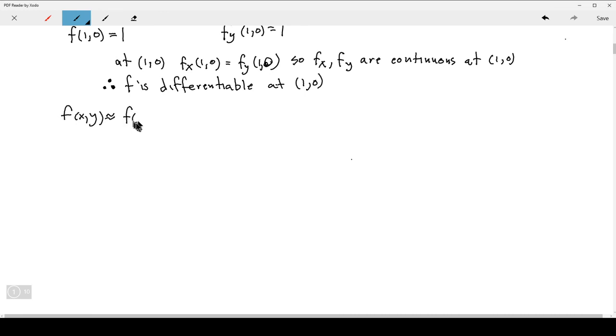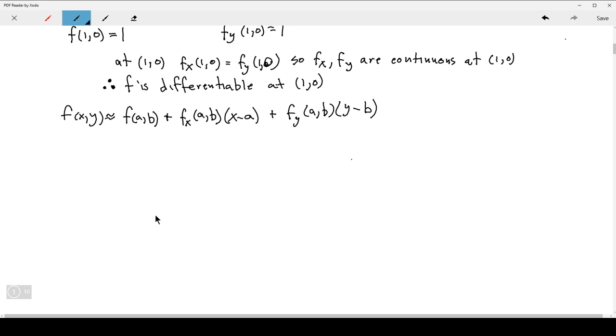So it's going to be f of ab, I'm going to write it out in general first, plus fx of ab times x minus a plus fy of ab times y minus b. All right, and that's how you do it when you're using the differential as an approximation.